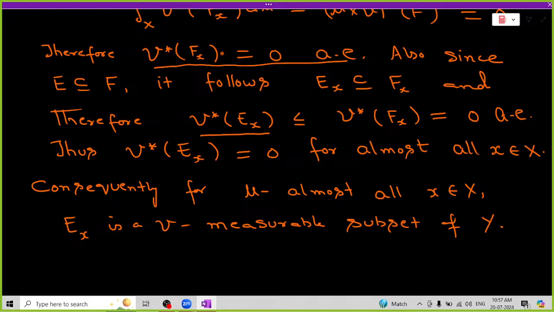Integrability is already established because I am showing you this function is 0 almost everywhere. A 0 function is integrable, so therefore this is integrable.